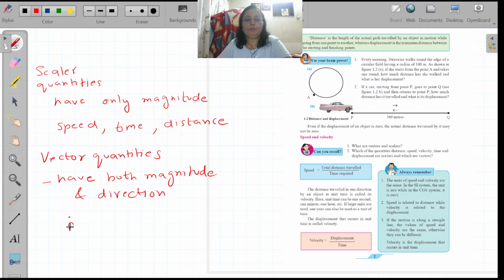When we say an object moved from point P, starting point, to point Q, which is the finishing point, we are defining a direction, P to Q. So this is displacement, which is a straight line. So displacement is a vector quantity.